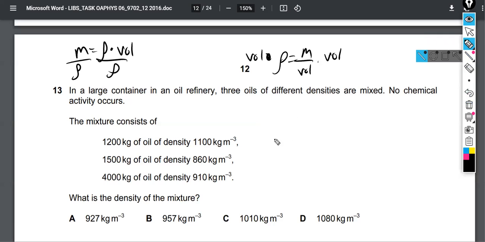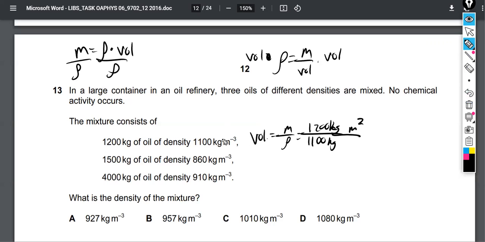Let's calculate the volume of this. Volume equals mass per density. The mass is 1,200 kilograms. The density is 1,100 kilograms per cubic meter. So we can figure out how many cubic meters of this type of oil we have.